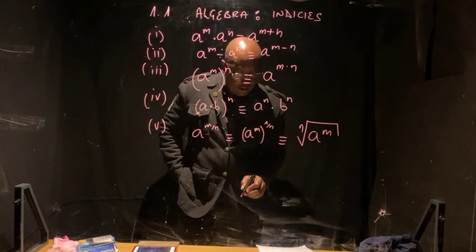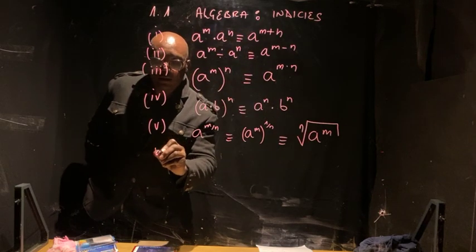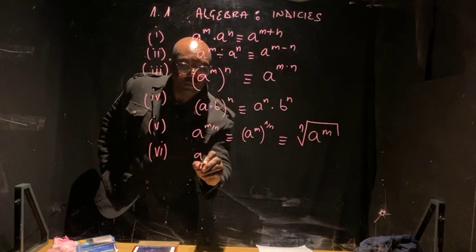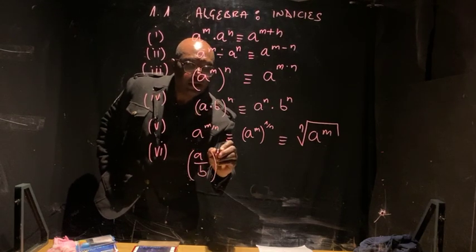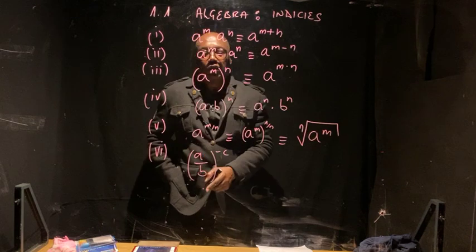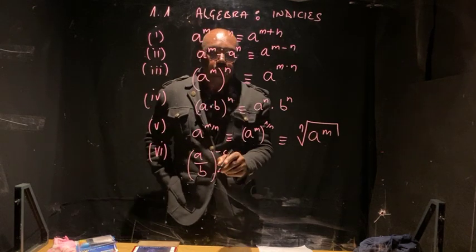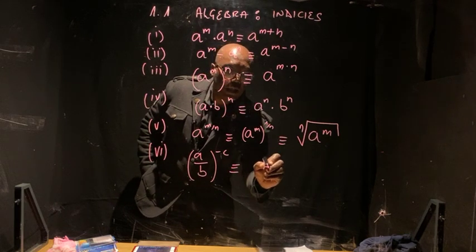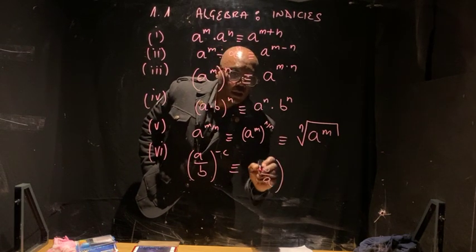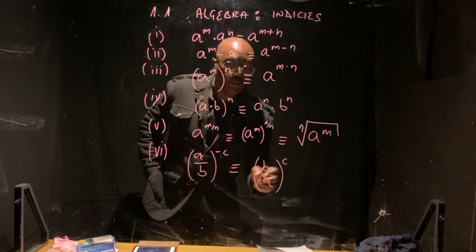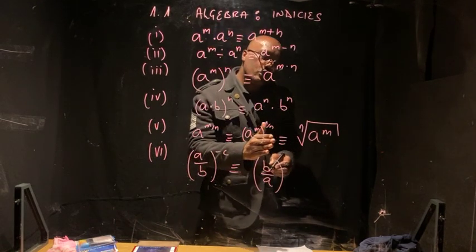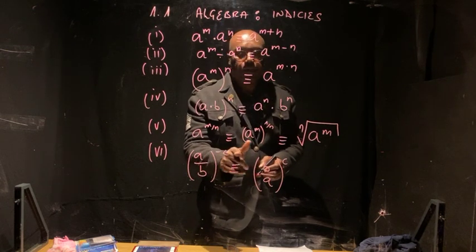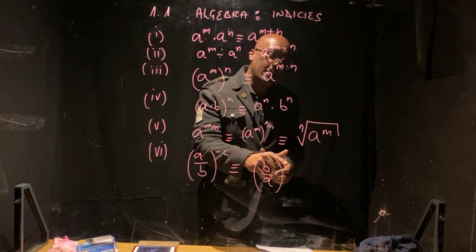And then we have the next law, which is law 6. It says that if you have a over b raised to the power negative c, this is called a negative index. It is very, very important. It is not different from b over a raised to the index positive c. The left-hand side is equal to the right-hand side, but this time the negative sign has been done away with at the right-hand side.